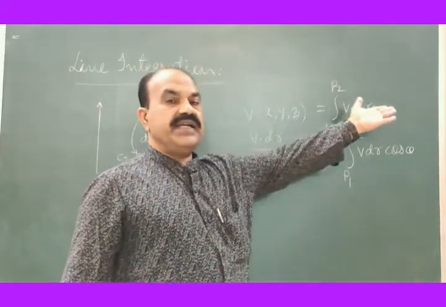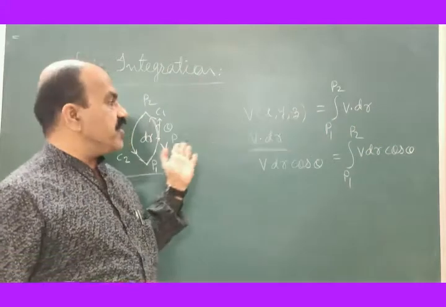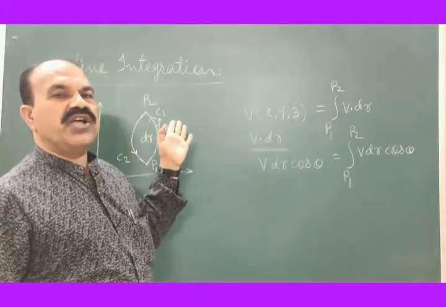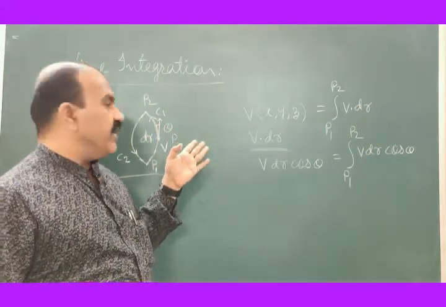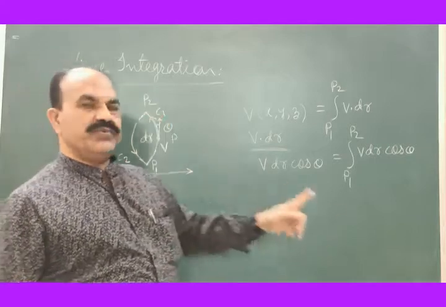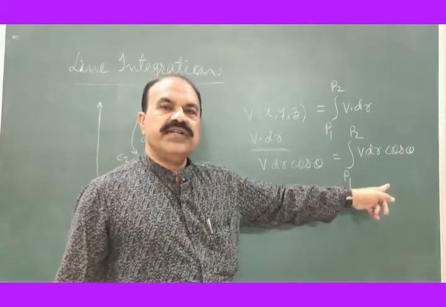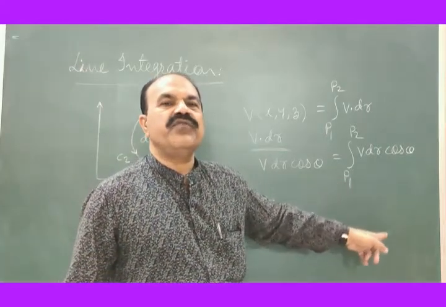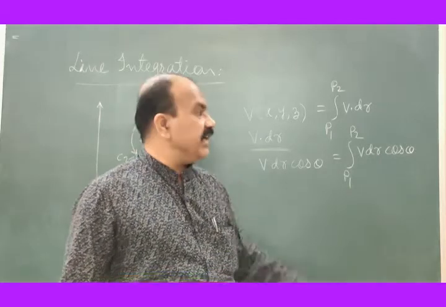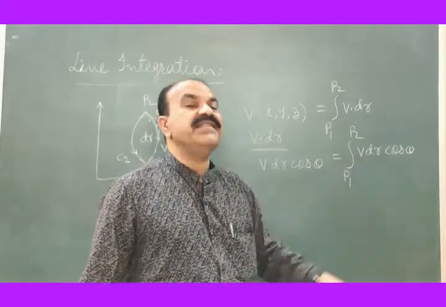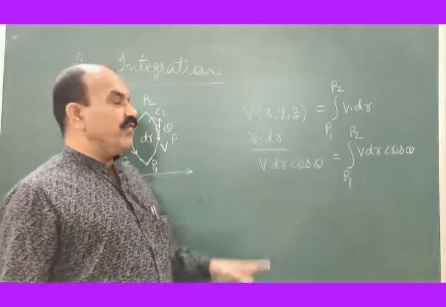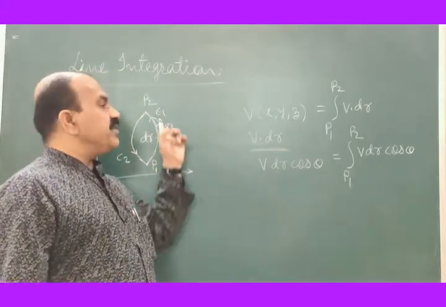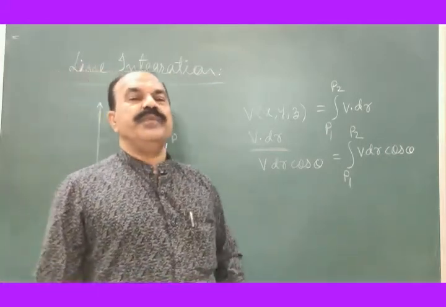This is known as the line integration of vector point function V from P1 to P2. This is also the line integration of vector point function V in terms of the tangential component from the point P1 to P2.